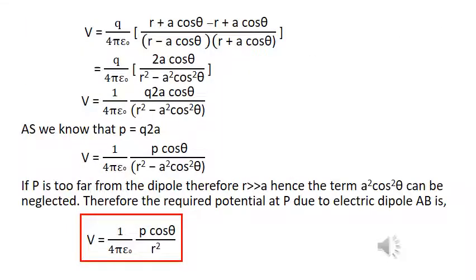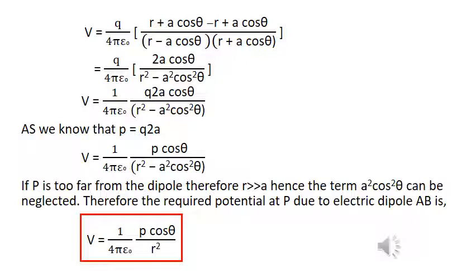Now by solving and rearranging the equation, we get V is equal to 1 by 4 pi epsilon naught q into 2a cos theta upon r square minus a square cos square theta. As we know that the electric dipole moment p is equal to q into 2a, so we can put the value in the equation as V is equal to 1 by 4 pi epsilon naught p cos theta upon r square minus a square cos square theta.